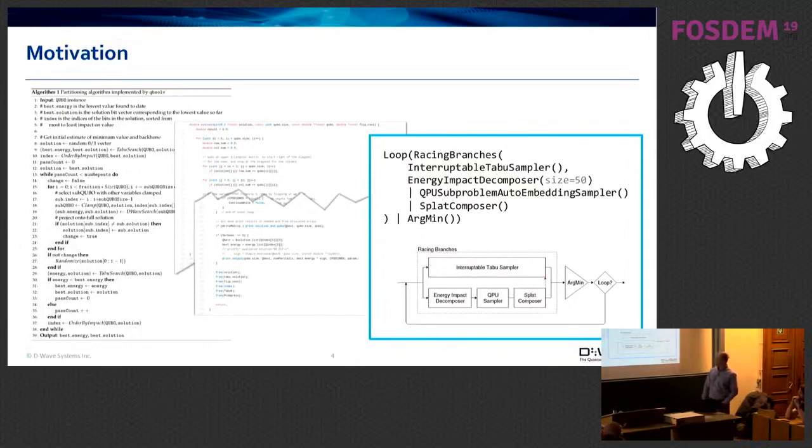And now imagine you can represent more or less the same algorithm using a few lines of Python code and a few blocks which are understood, which you can tweak, or you can even create your own blocks. But the point is, the structure is visible. So the functional structure of the solver is like this.